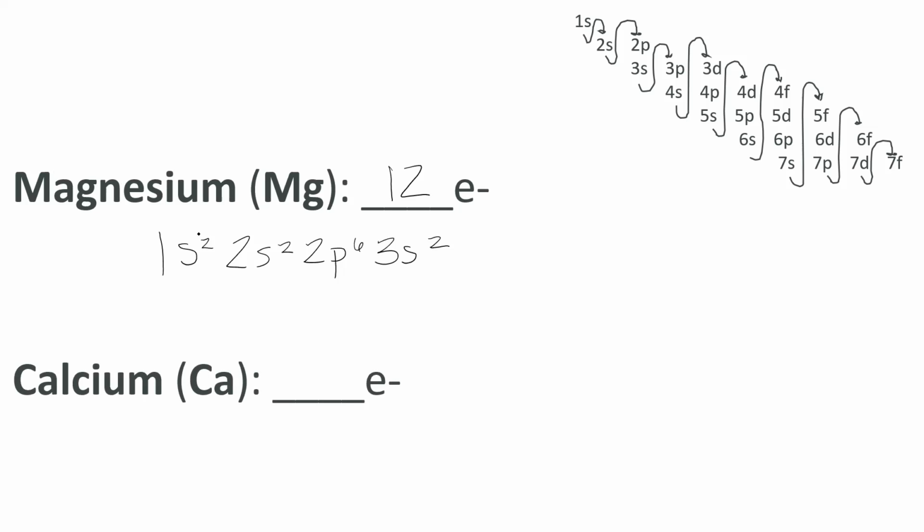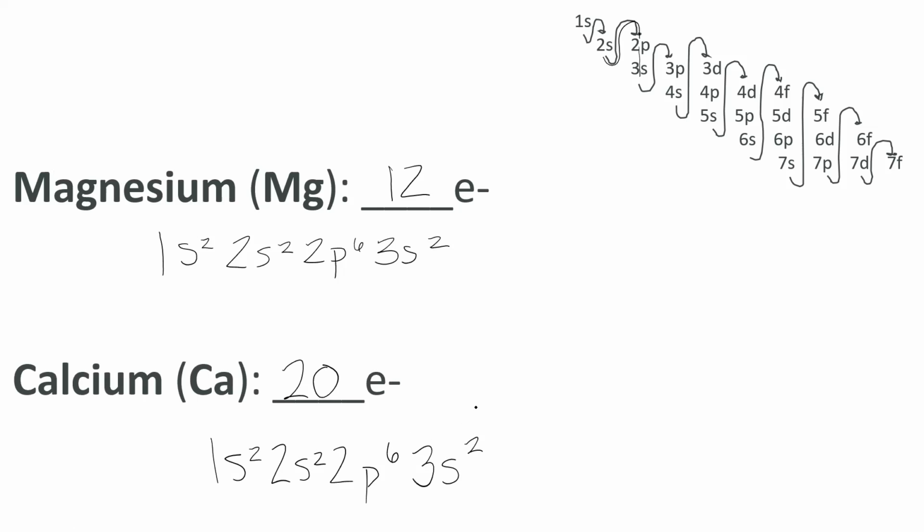Okay, try calcium, which is atomic number 20. Okay, so calcium, 1s2, 2s2, follow the arrow, 2p6, then I follow the arrow down, 3s2, that gives me 2, 4, 10, 11, 12.